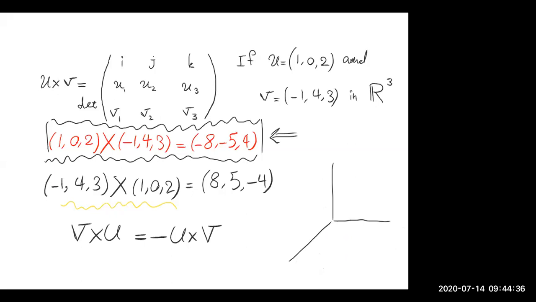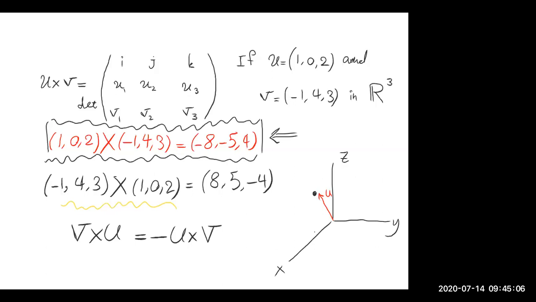The first vector is 1, 0, 2. Where is 1, 0, 2? On the first axis we have 1. On the second axis, y, we have 0, so we wouldn't move in the direction of y. And the third component is 2, so we go upward by 2. We get to this point. So the first vector u is this one.